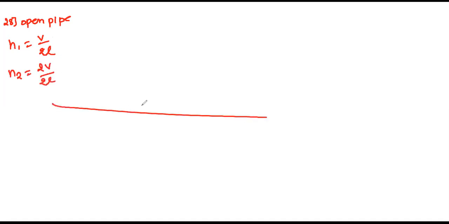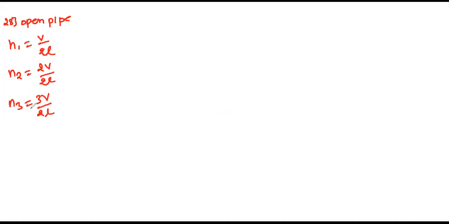So this is for open pipe. N1 is equal to V by 2L. Next is N2. N2 is 2V by 2L. And N3 is equal to 3V by 2L.